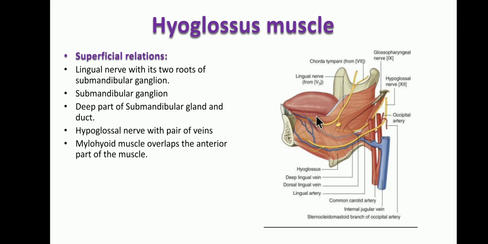Then the anterior part of the muscle is overlapped by the mylohyoid muscle, which has been removed so that we get a clearer view of the hyoglossus.